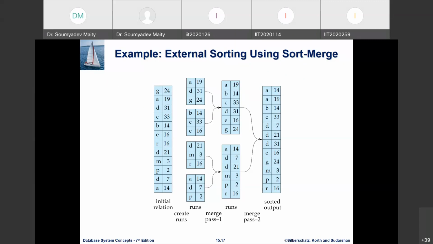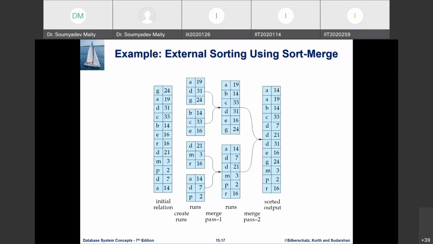You will take the first M blocks of the relation in memory, apply any in-memory sorting algorithm and sort them. Then create a temporary file. These files are called runs.